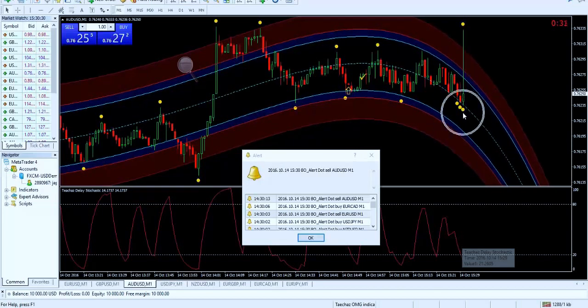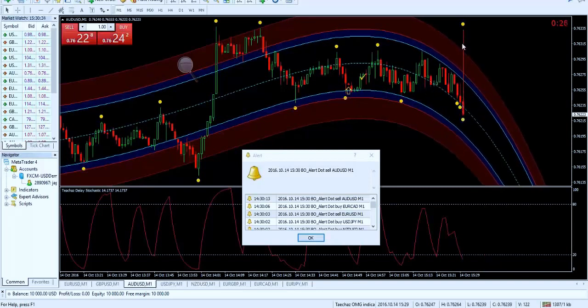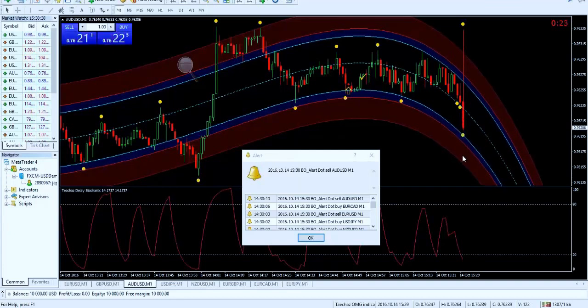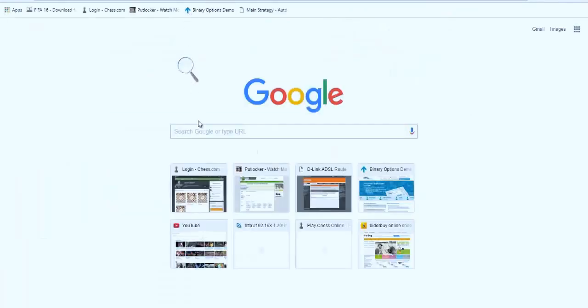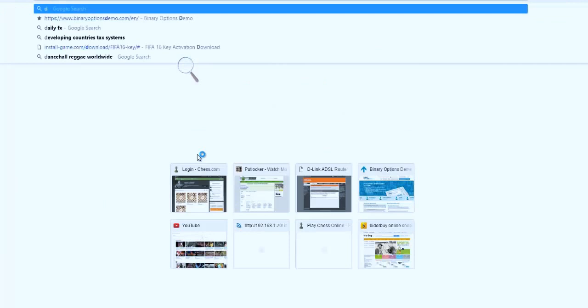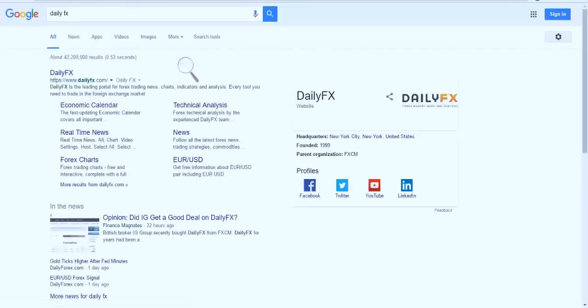You can see the way this week, it's very long. Yeah, I think there should be some news. Let's just check the news daily. So let's just check the economic calendar to see what's going on here.